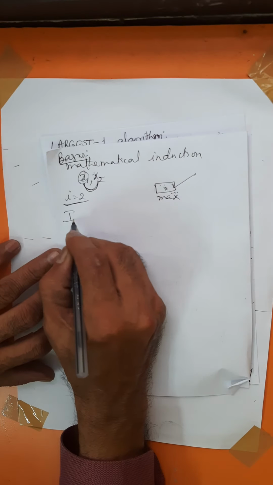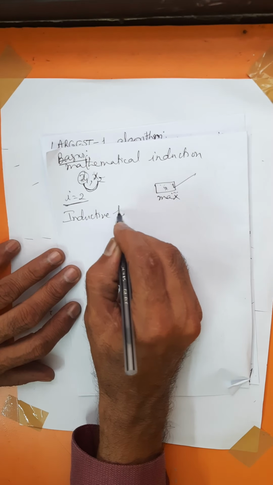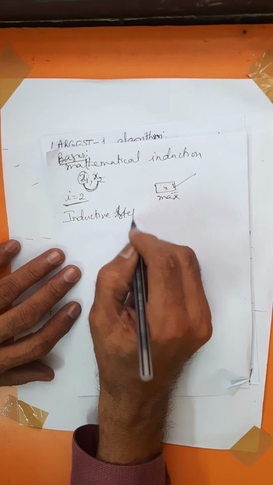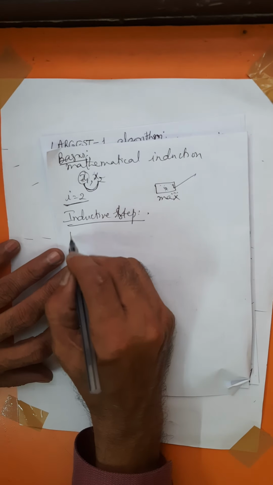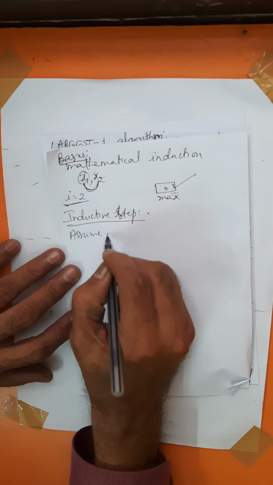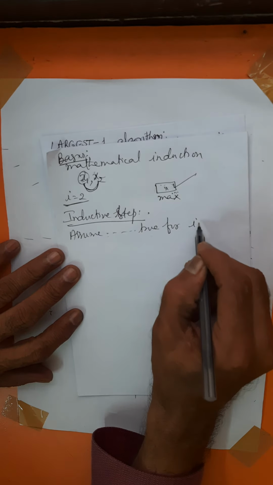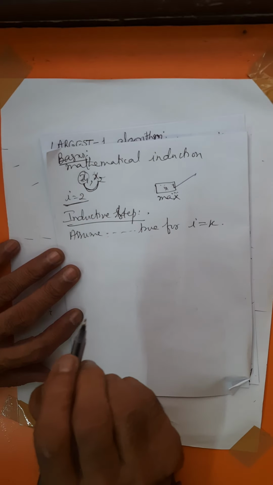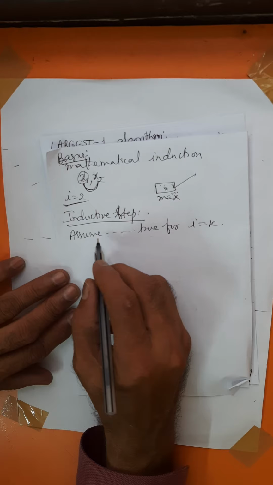Next is the inductive hypothesis, or inductive step. What is this? You are assuming the result. Assume that your algorithm is true for i equal to k. What do you mean by saying the result is true for i equal to k?